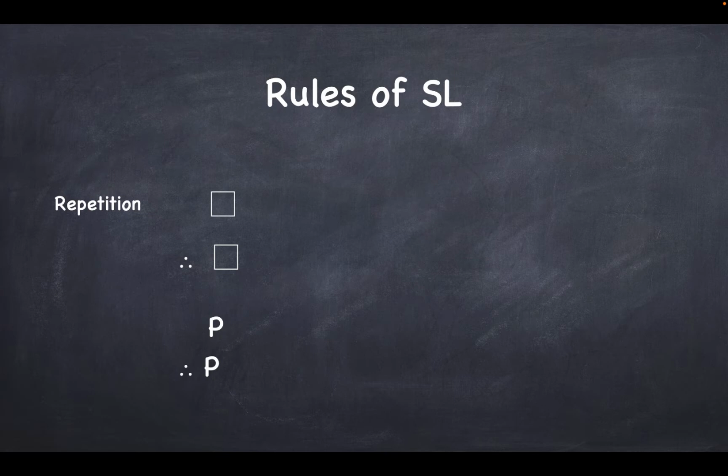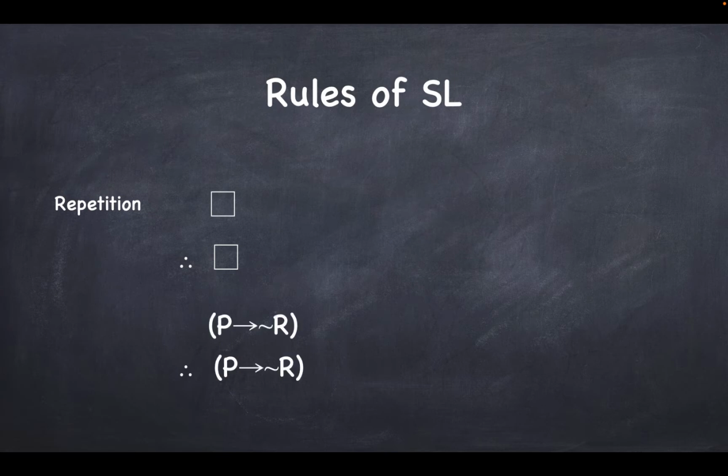As long as it's a well-formed sentence in the language, we can let that be the value of these variables. So, for example, if you have P, you can conclude that P and cite repetition. If you have Q, you can conclude that Q, cite repetition.